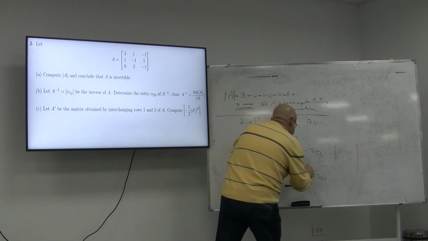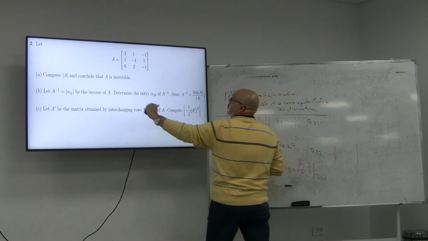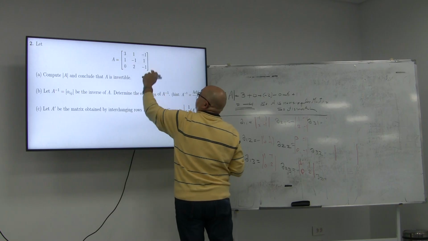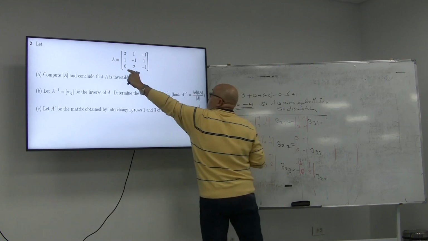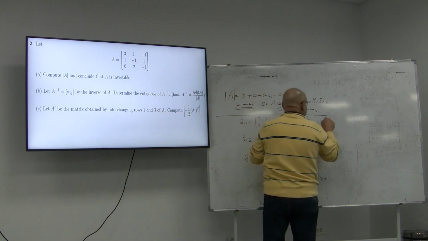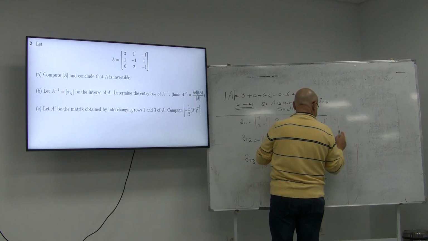3 1 0 2. This is the element second row third column: 3 1 0 2. Then element 3 1, third row first column, which is 1 negative 1, then negative 1 positive 1.